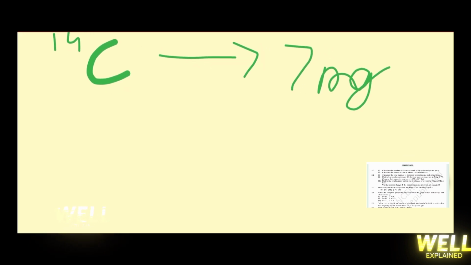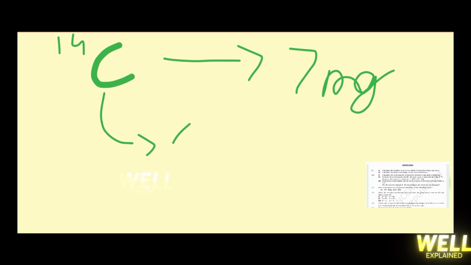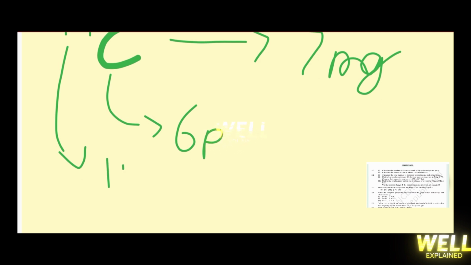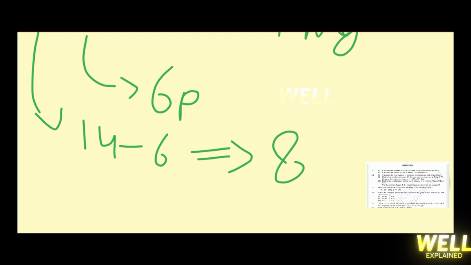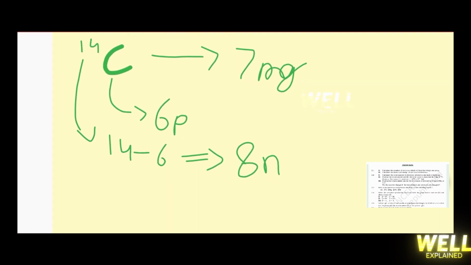Okay, so number of neutrons, we know that carbon has 6 protons and its mass number is 14. So 14 minus 6, I will have 8. So there are 8 neutrons in 1 atom of carbon 14. So we have been asked for 7 milligram of carbon 14.